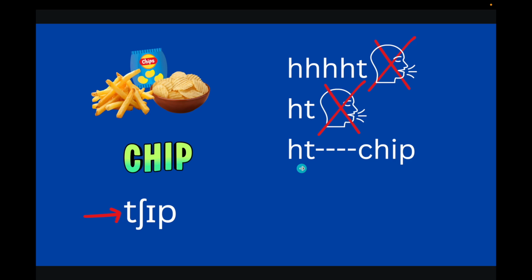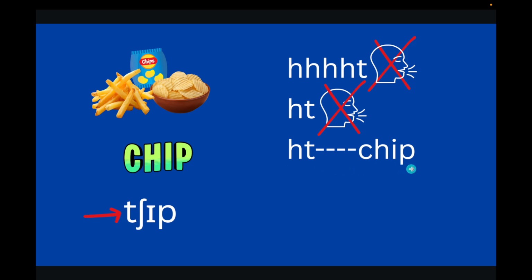We can then add the sound to the beginning of the word chip. We can make a gap here. Practice holding your tongue to the top of your mouth in the T position as if you're going to do t. But again, we're only going to start the sound. We're not going to finish the sound. Chip.